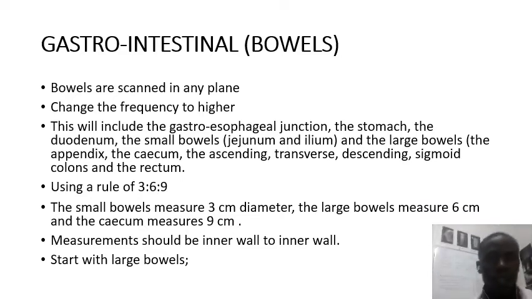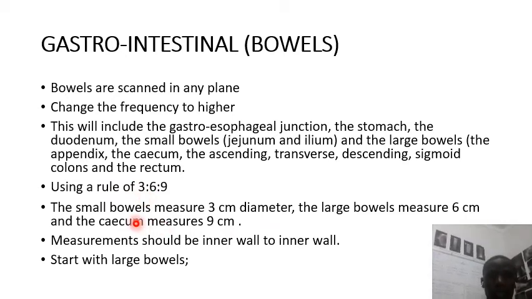I advise the students to always start with the large bowels, but even before that, we should know the measurements for the diameters of these bowels. So as a rule, according to this slide, we have 3, 6, 9.